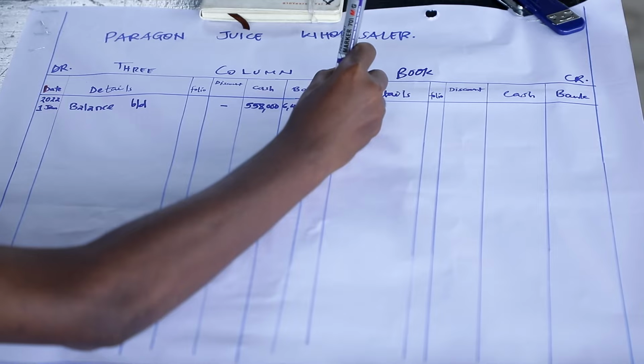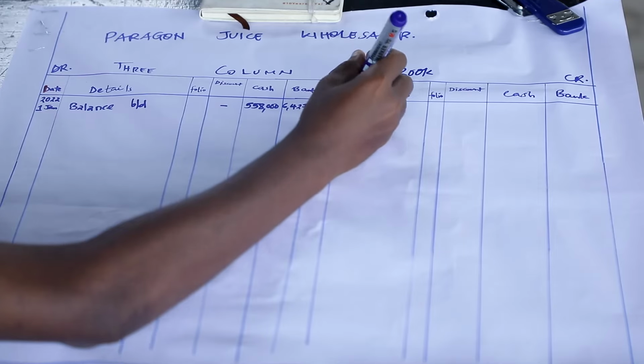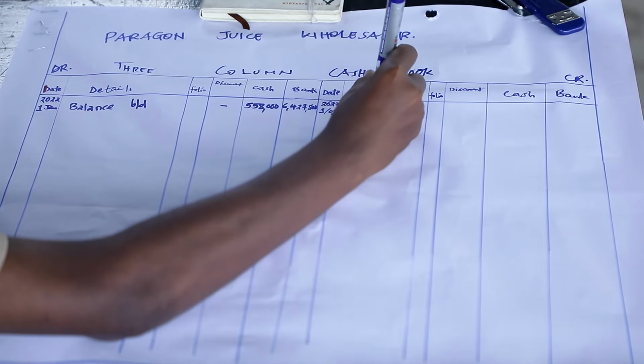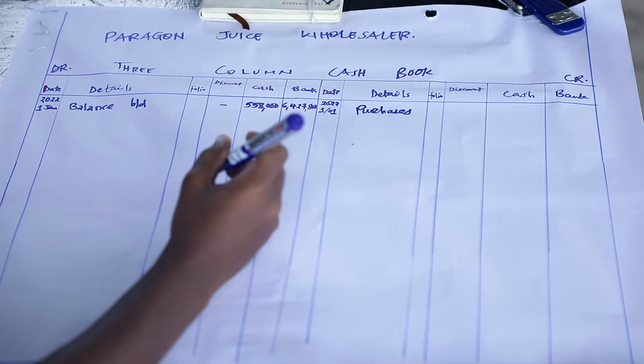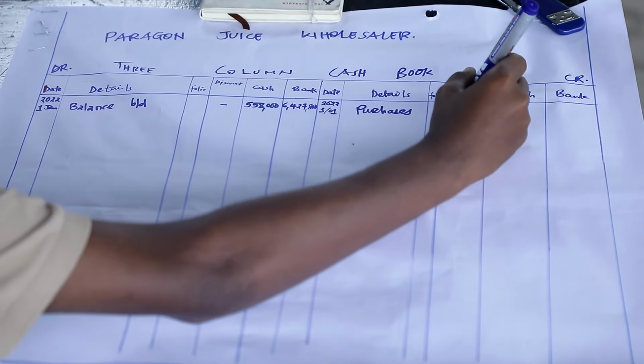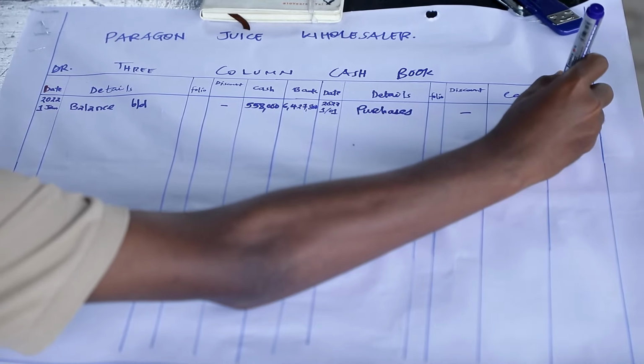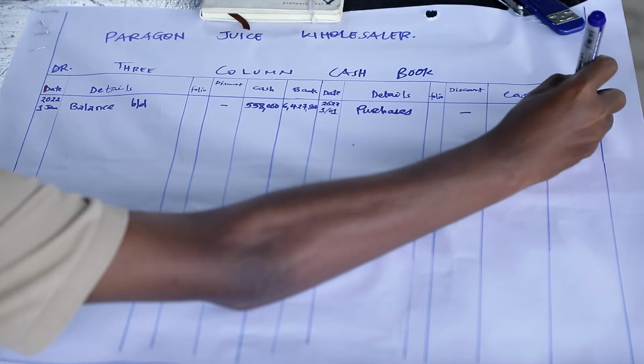I'm going to use numbers instead of writing January. Here we have purchases, and this is recorded in the bank column because we were told by check. So I'm going to record it in the bank column. Here you have 3 million.